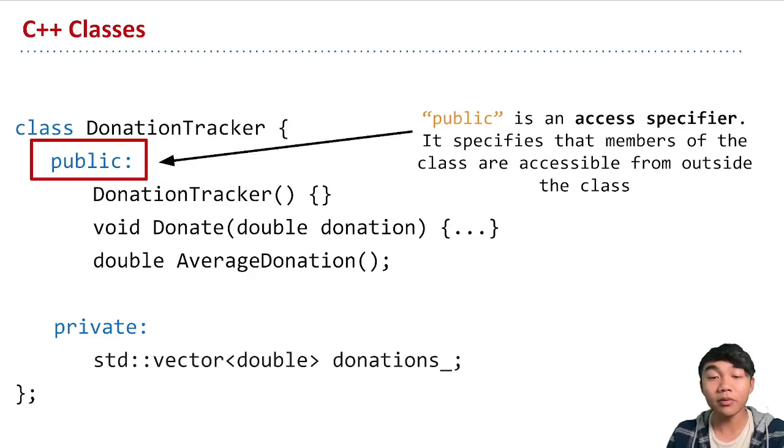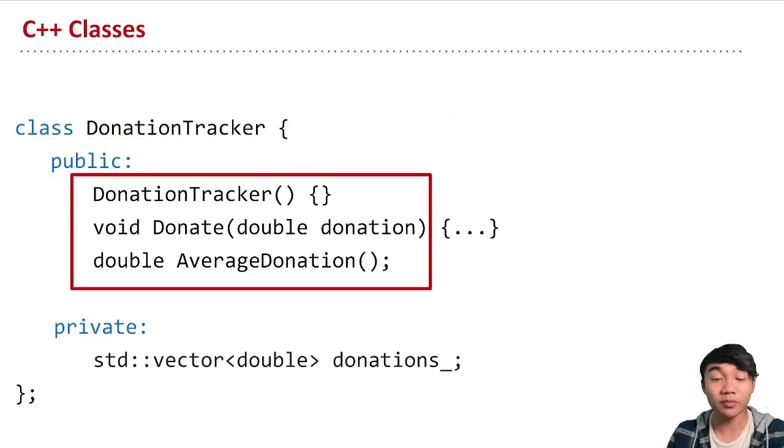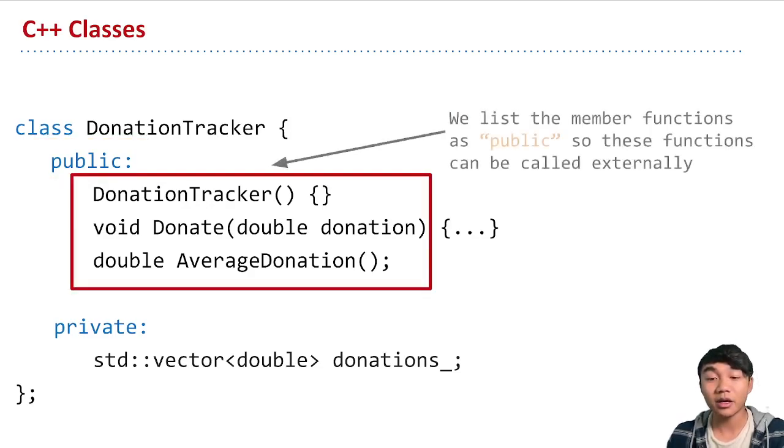Usually, most or all of the member functions will be in the public section because we want those functions to be able to be used externally. So outside of the class, we want to essentially say people can use these functions to interact with and use objects of the class. So this is like the public interface that people can use.